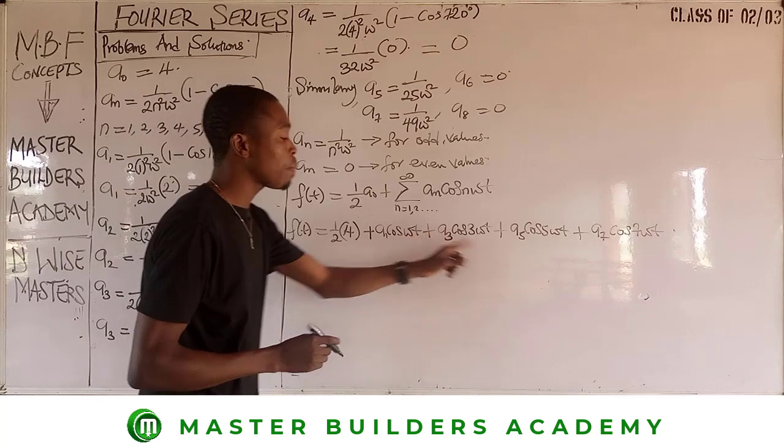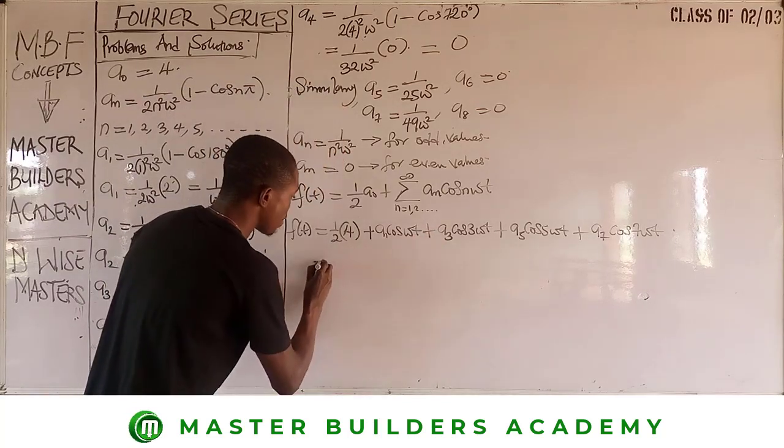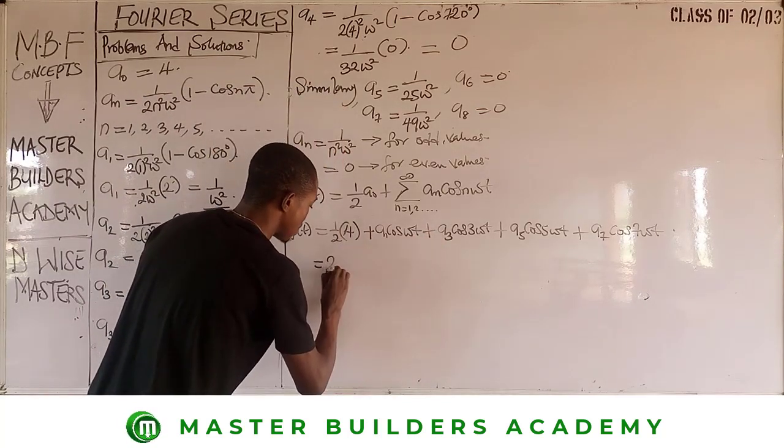So anyway, when I put in the values just like that, this cancels this, and we have the first value to be 2.